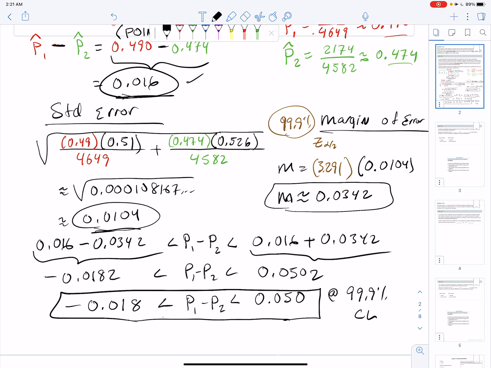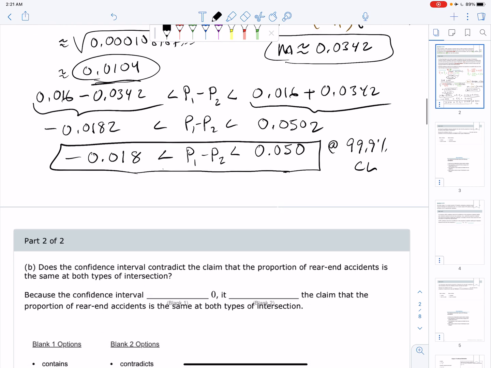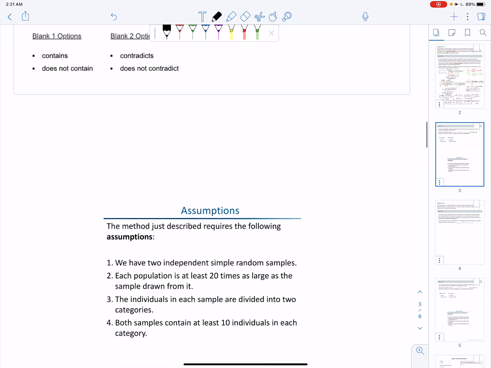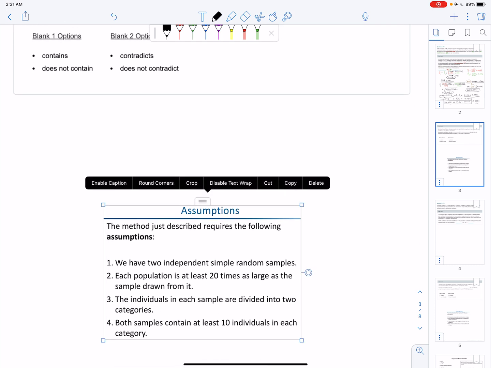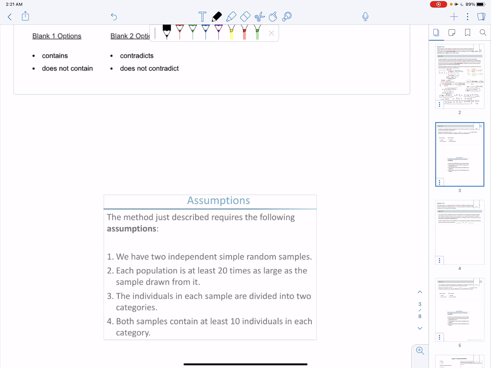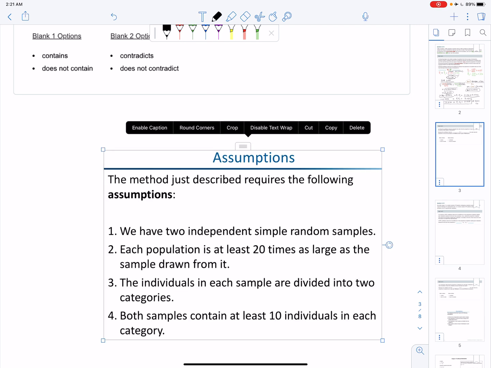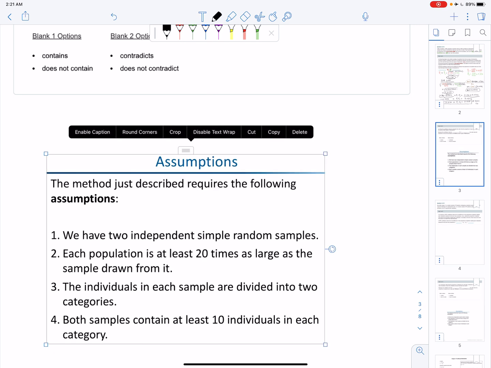Okay, so now there's something else that this book talks about, and we need to talk about it, and that's assumptions with this kind of problem. There are some assumptions being made here to allow us to do this. It says the method just described requires the following assumptions.